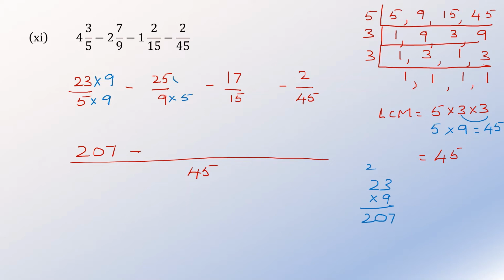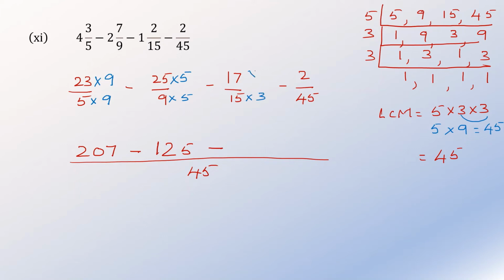9 fives are 45. So I multiply 25 by 5. 25 into 5. 5 fives are 25, carry 2. 5 twos are 10, 11, 12. So I've got 125. Now minus again. We'll go to the third fraction. 15 threes are 45.